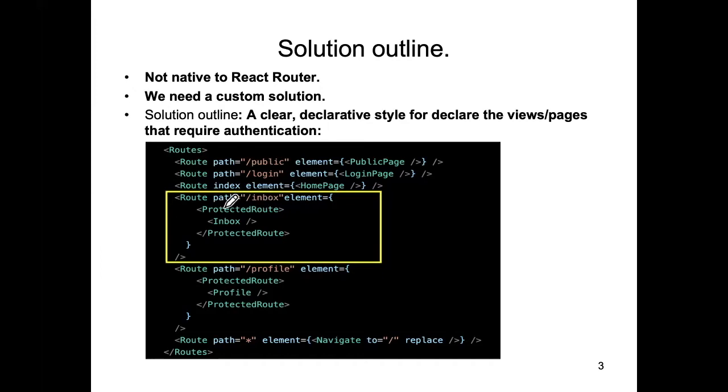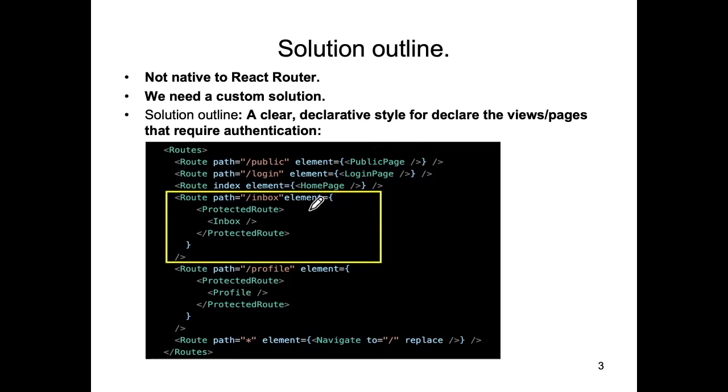is a protected route. I did say to you before, actually, I think I did, that what you assign to the element prop can be any JSX. And this is an example of it here. I'm actually assigning slightly more elaborate JSX to my element prop rather than this simple example here.